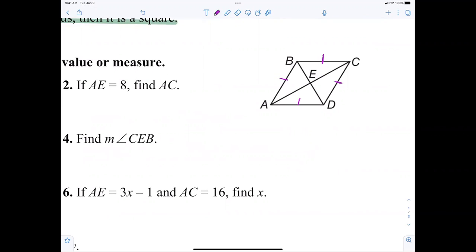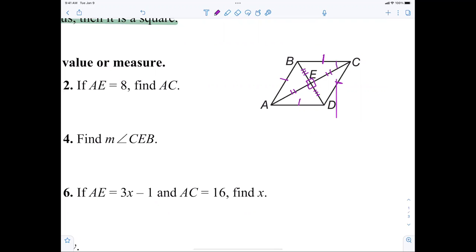No, the diagonals are definitely not congruent. They definitely bisect each other. And they are perpendicular. That's what I'm hoping everybody will tell me. So when somebody draws a rhombus, this is what you should be doing. And once you do this to the figure, I think it's easier to answer the questions.